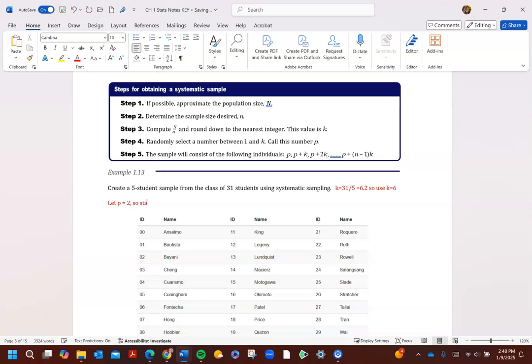So start with, I have Bayani, and then I'm going to count out 1, 2, 3, 4, 5, 6, or just simply go 2 plus 6 is the 8th person, would be Hubler. So if you get the idea, go ahead and jot those down. You can pause the video, and I'll pause as well and write up what I have.